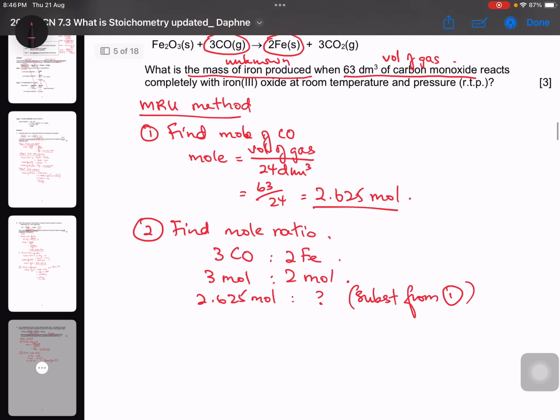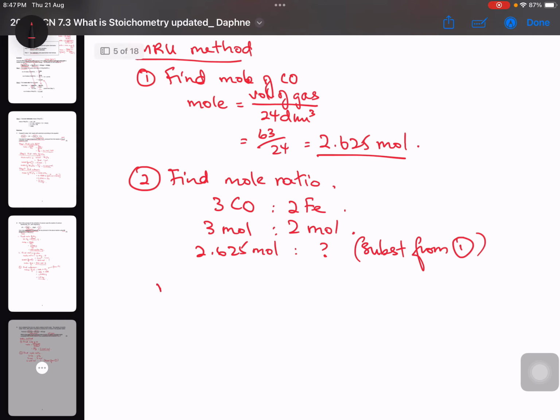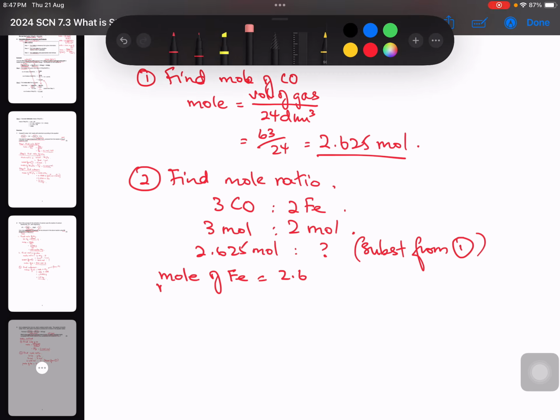Okay, now it's not so obvious what number should be the iron. So now from maths, direct proportion, mole of iron will be equals to 2.625 divided by 3 times 2. Okay, I tell you what, if you're not sure how to get this, can you write an extra step? All right, so what you do is you write an extra step.